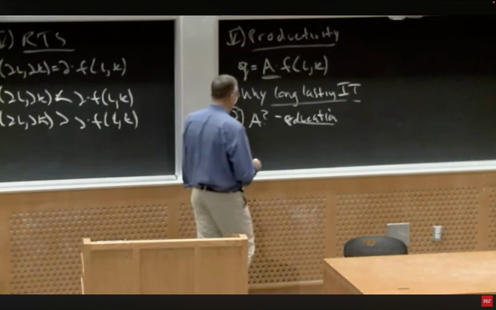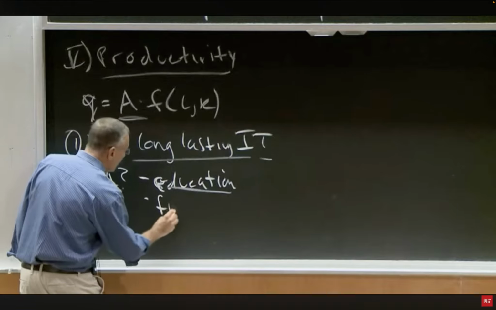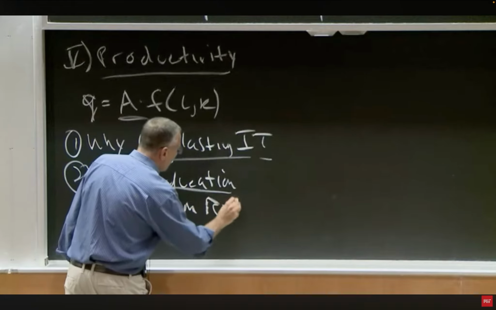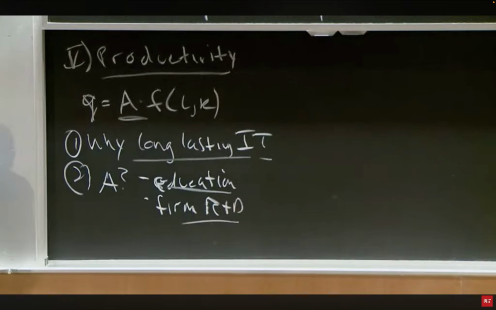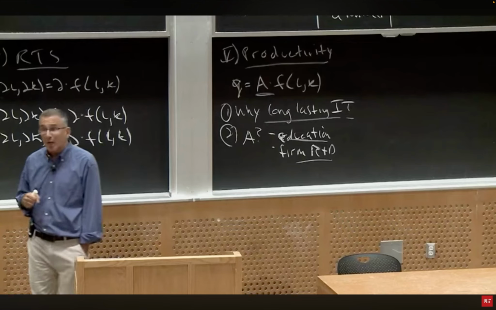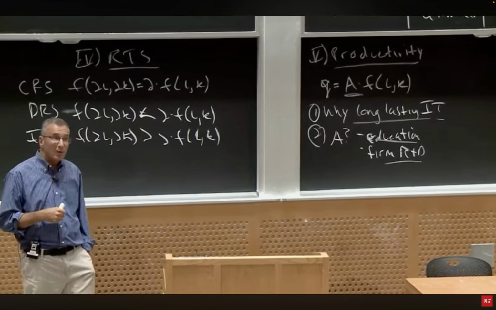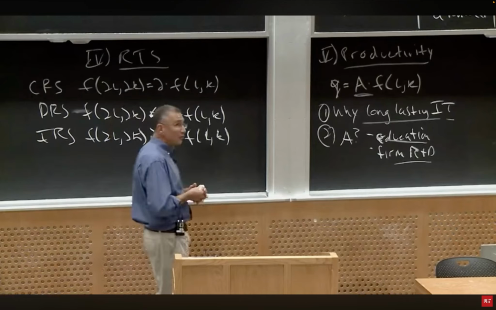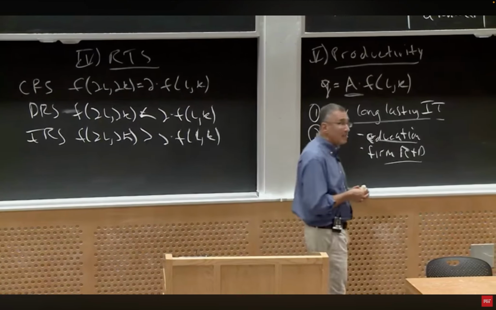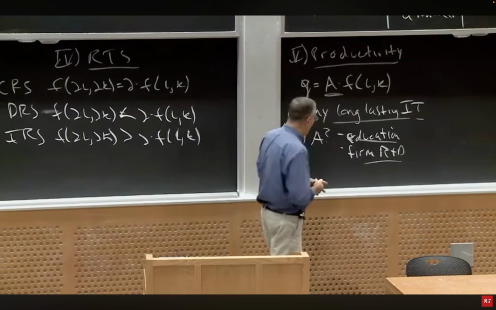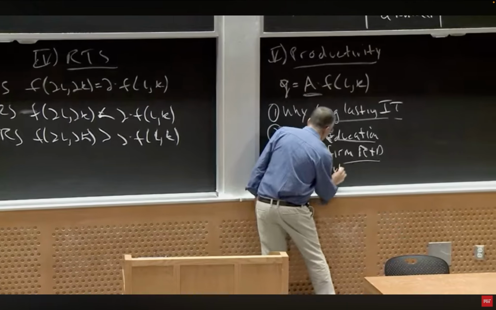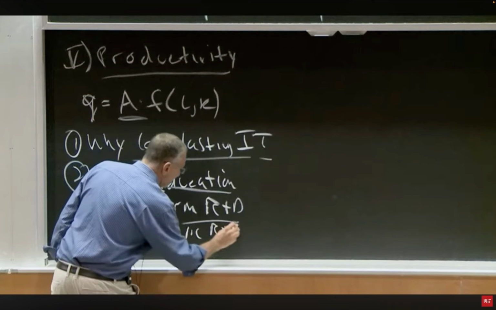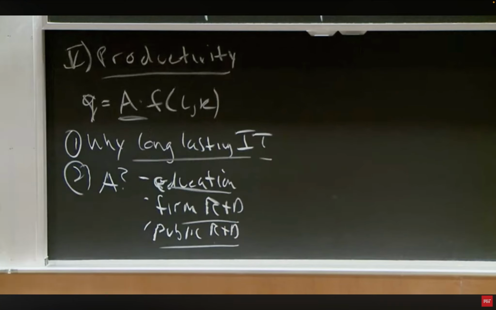Productivity comes from firm research and development. As firms do research and development, stuff that many of you may go on and do with your lives, they think up new ideas and they develop new products. It also comes from public research and development, like the National Science Foundation.